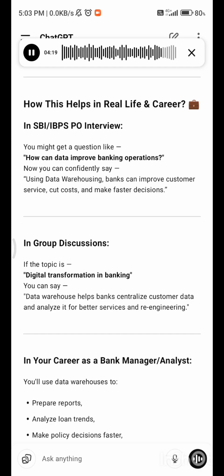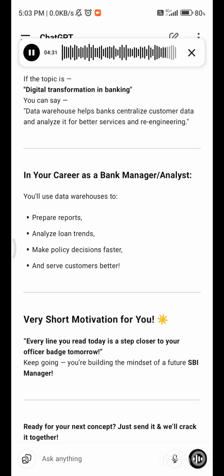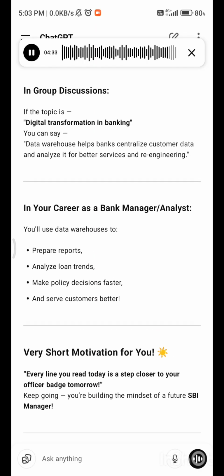In group discussions, if the topic is digital transformation in banking, you can say, a data warehouse helps banks centralize customer data and analyze it for better services and reengineering. In your career as a bank manager or analyst, you'll use data warehouses to prepare reports, analyze loan trends, make policy decisions faster, and serve customers better.